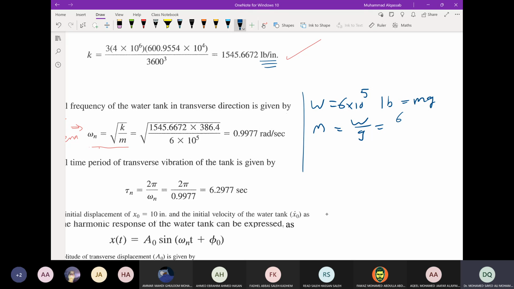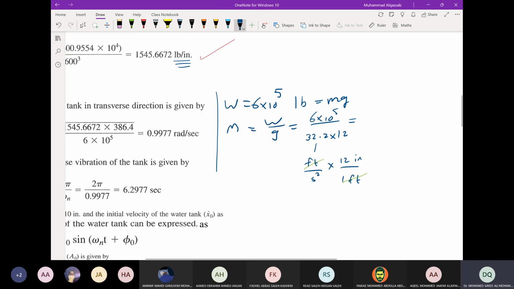So it is 6 times 10 to the power 5 divided by g, which is 32.2 feet per second squared, multiplied by 12 inches divided by 1 foot. So the answer will be in inch per second squared, which becomes equal to 386.